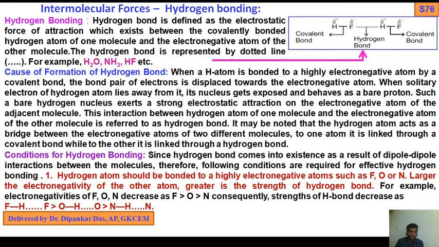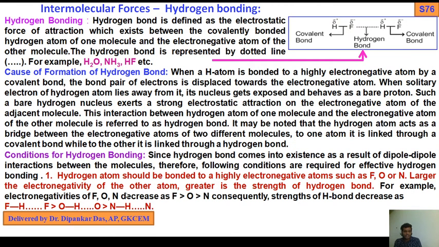What are the conditions? Hydrogen atoms should be bonded to a highly electronegative atom such as fluorine, oxygen, nitrogen. I have already told you.